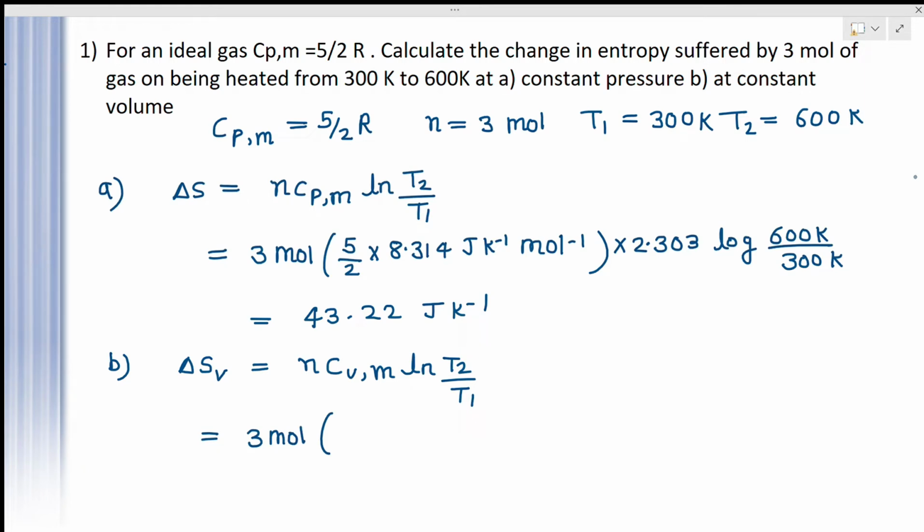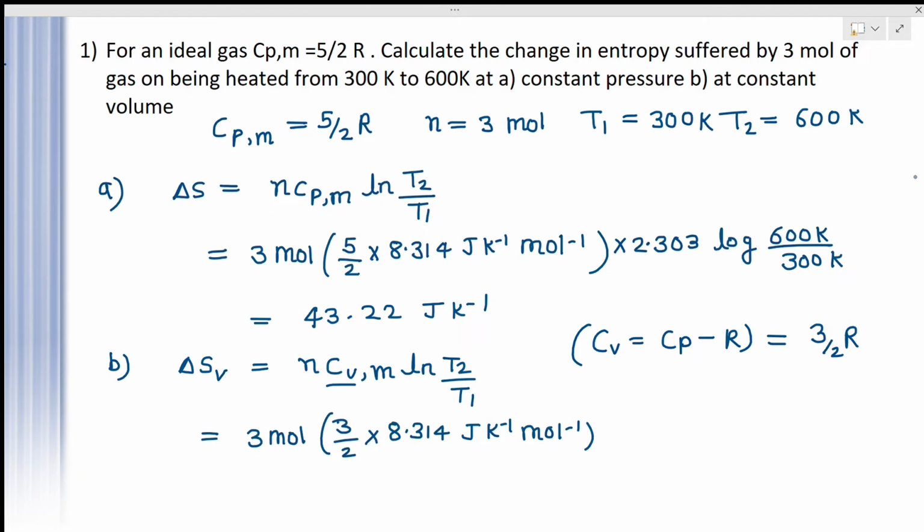You know that CV is equal to Cp minus R, so it will be equal to 3 by 2 R. So we put 3 by 2 into R's value 8.314 joule per Kelvin per mole into 2.303 logarithm of 600 Kelvin upon 300 Kelvin.